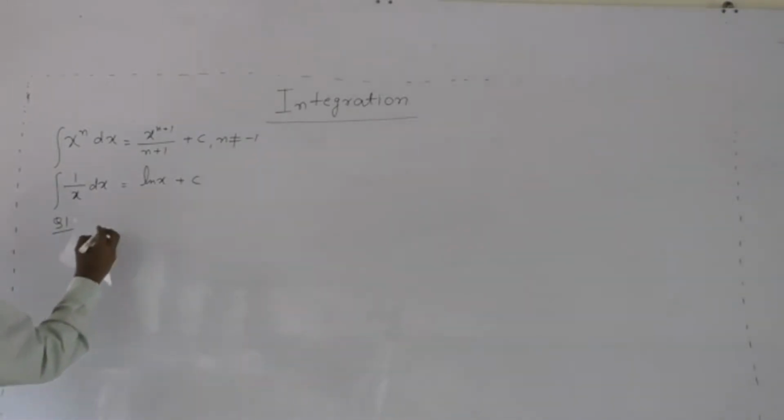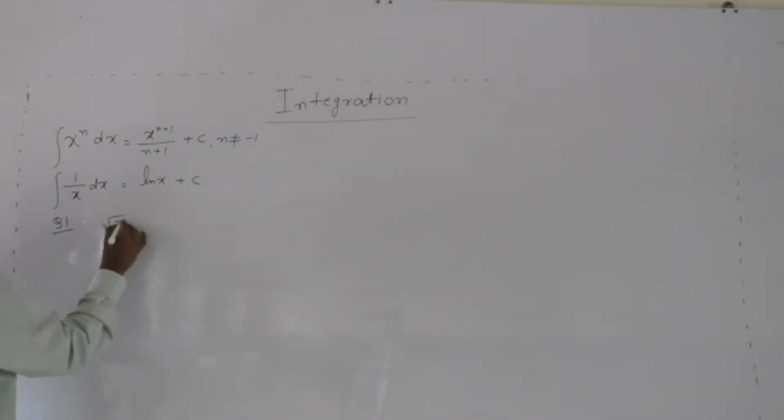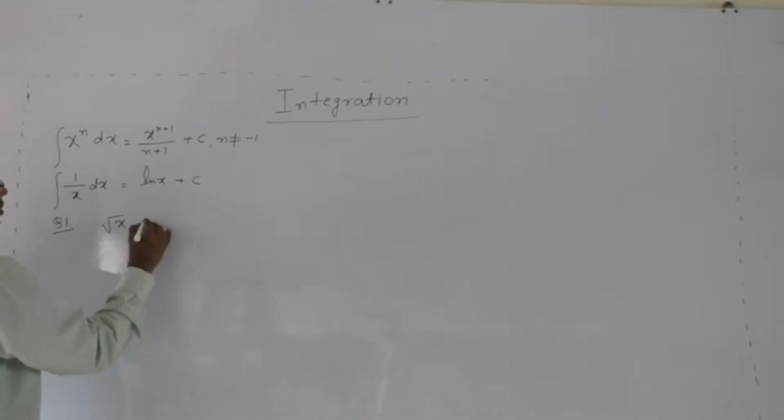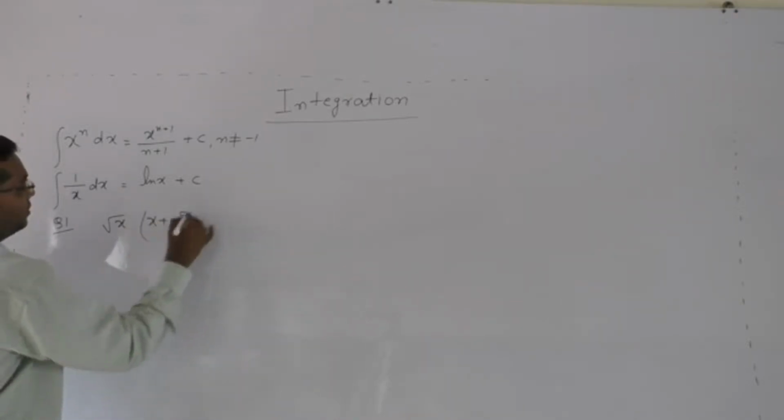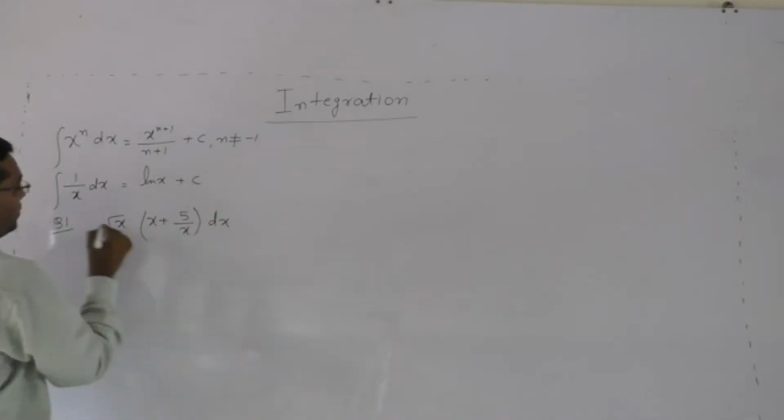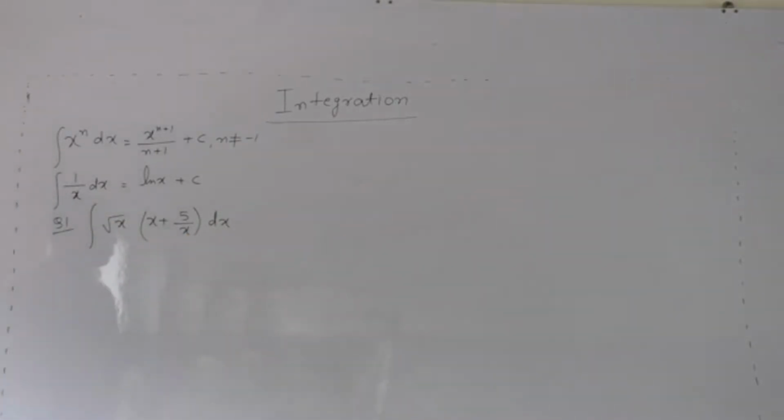Suppose we have to integrate root x into x plus 5 by x dx. Suppose we have to integrate this function. Then in all integration we just need to convert it into the standard formula so that we can apply the integration formula.